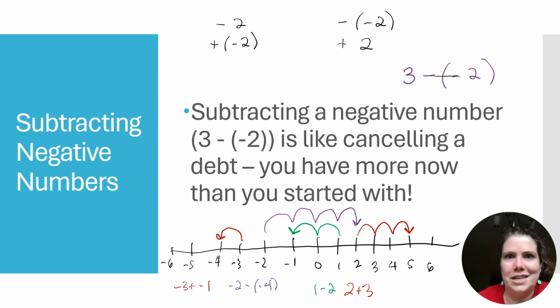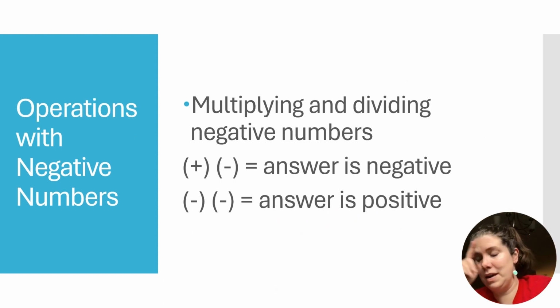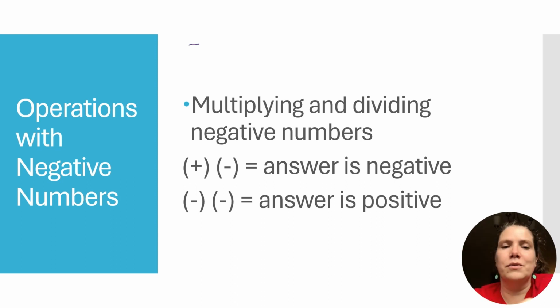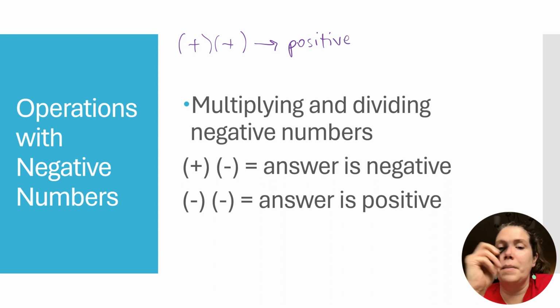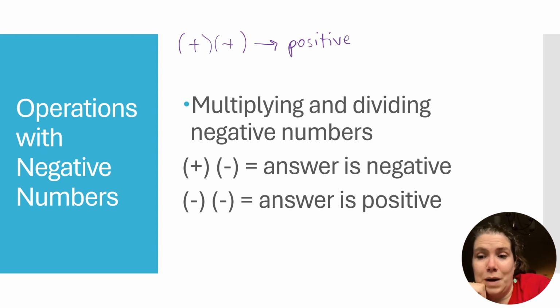All right. Again, this might be just a reminder, or maybe it's been a while since you've done this, but when you multiply a positive and a negative together, you're always going to get a negative answer. We didn't write it in here, but a positive number times a positive number will also always give you a positive number. But when you have 2 negatives multiplied together, the answer is always positive.